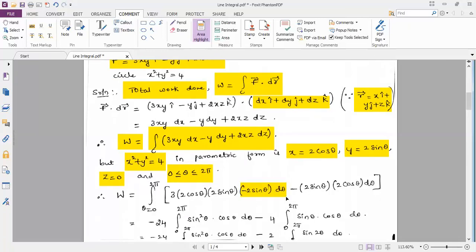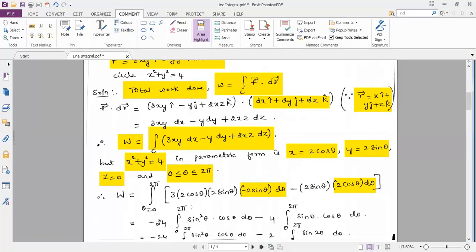Dx value is minus 2 sin theta d theta, minus y dy. Minus y dy is substituted. y is 2 sin theta into dy, which is the differentiation of y, so 2 cos theta d theta. And the last term, z value is 0. So since z is 0, dz is 0, the entire expression is 0. So we get this expression for W.